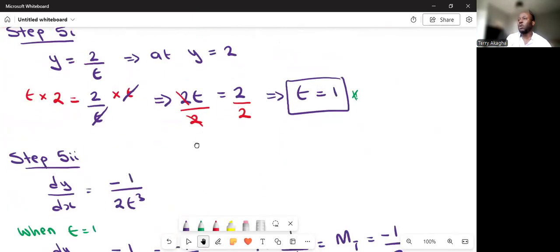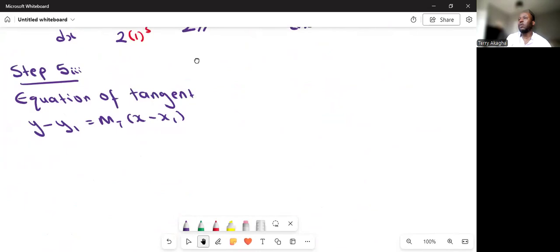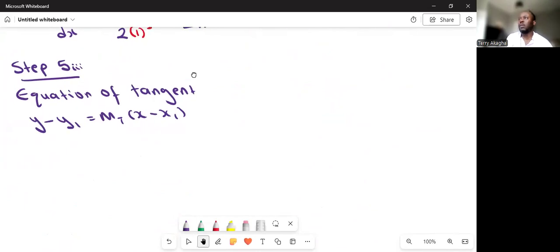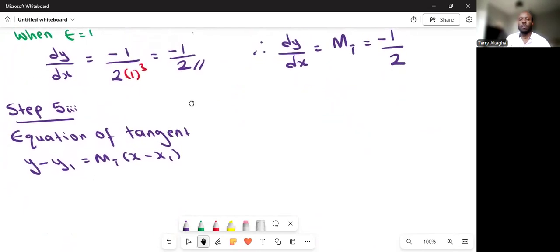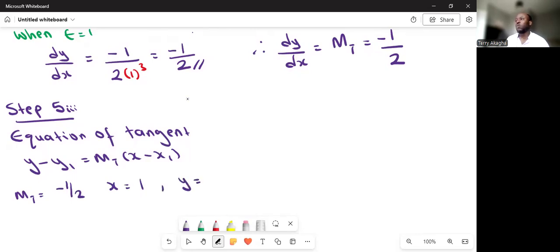So for the equation of a tangent, mt is minus 1 over 2, the x is equal to 1, and the y is equal to 2. So we can now solve this.